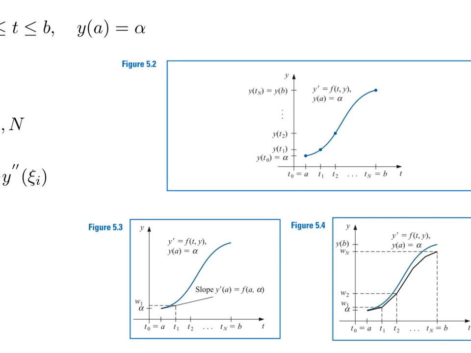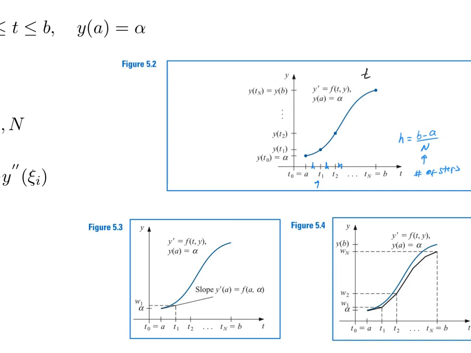First, you're going to cut the time interval into n equal pieces, okay? So you go from a to b. So h is going to be the step size. It's going to be b minus a divided by n, where n will be the number of steps you want. Therefore, to find the values for t_i, you can see you're just adding h every time.